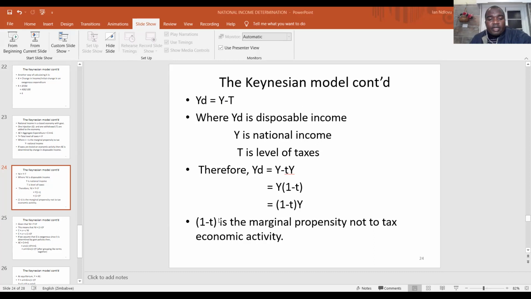So 1 minus t is the marginal propensity not to tax economic activity, or not to extract part of the income which is circulating in the economy to facilitate government activities through taxation.